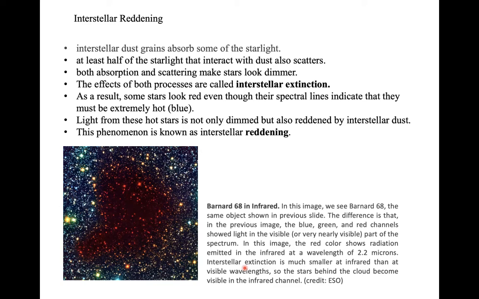like how to do corrections and everything, but just get the idea, right? And light from these hot stars, this phenomenon is also known as interstellar reddening, by the way. That's because as a result of this extinction, some stars look red, even though their spectral lines indicate that they must be extremely hot and blue, right?